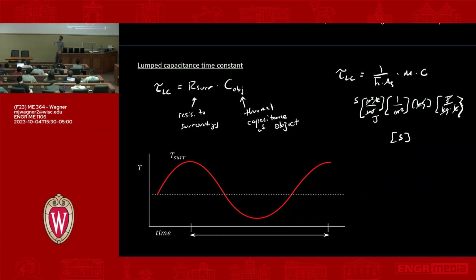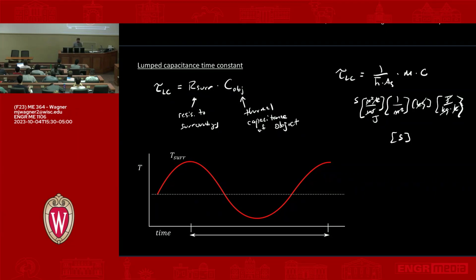Day to day, it experiences this oscillation in temperature: it gets hot in the middle of the day, cold at night. If you look at the thermal capacitance of the rock and the resistance to the surroundings, due to convection, radiation, whatever, we should be able to anticipate whether that rock is going to trace along with the daily temperature variation, or whether it has so much thermal mass that it basically doesn't care. So there are these different scenarios that you can plot out.